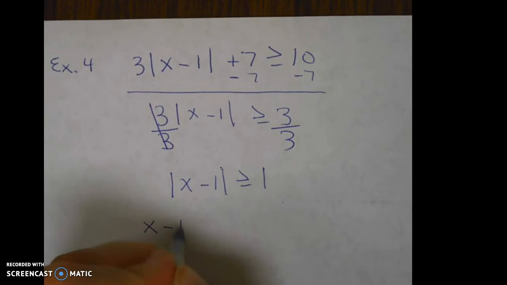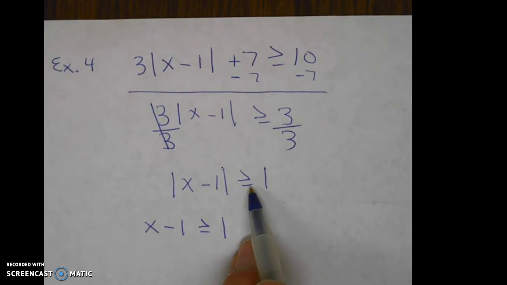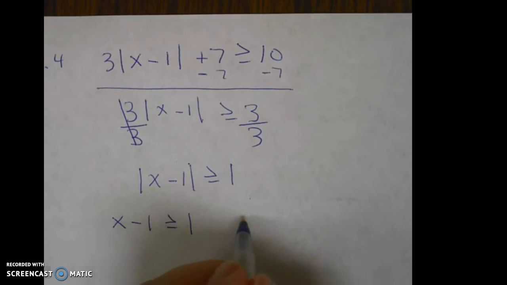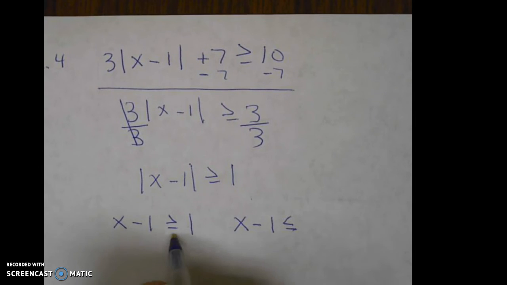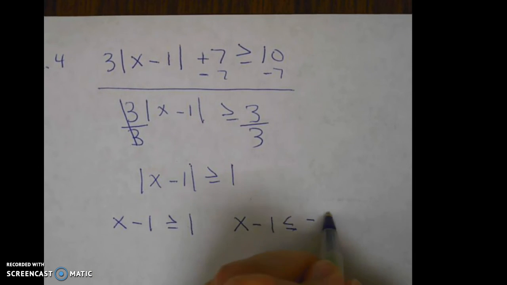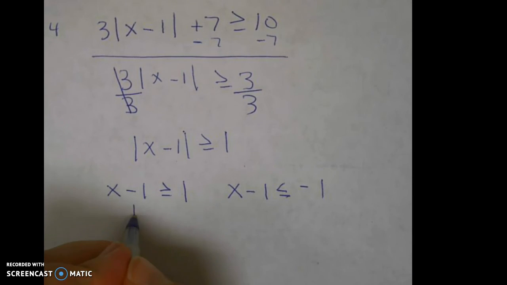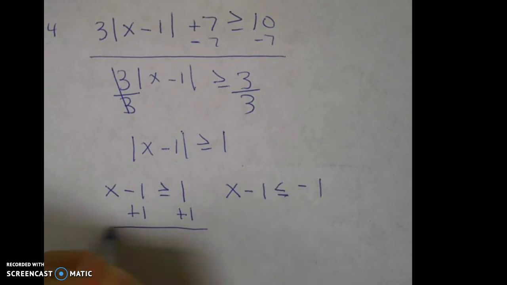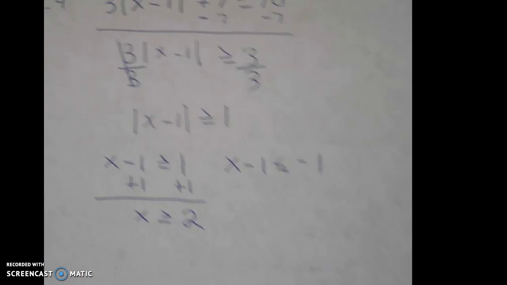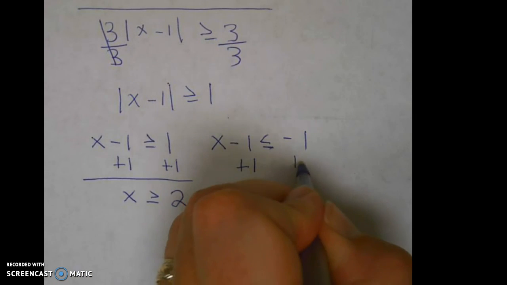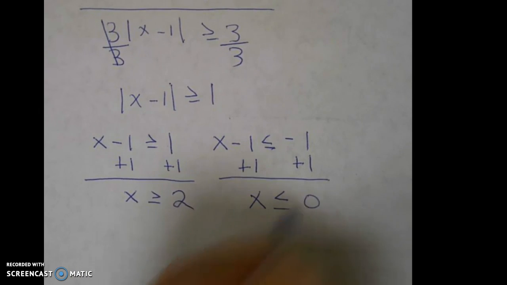So the first inequality, we use greater than or equal to 1. And the second inequality, we switch the inequality, keep the equal sign, and change the sign of the number. And now we solve for x. So one solution, x is greater than or equal to 2. The other solution, x is less than or equal to 0.